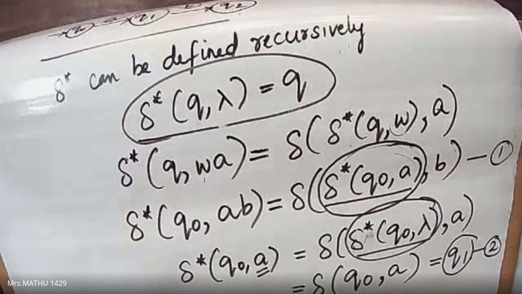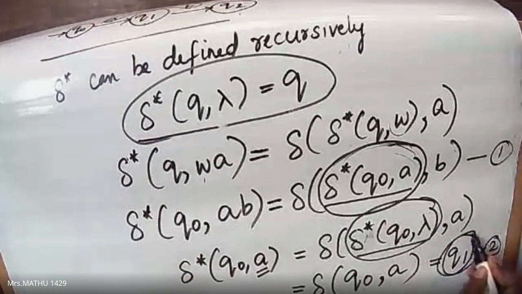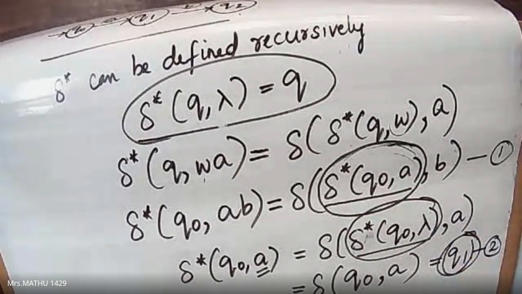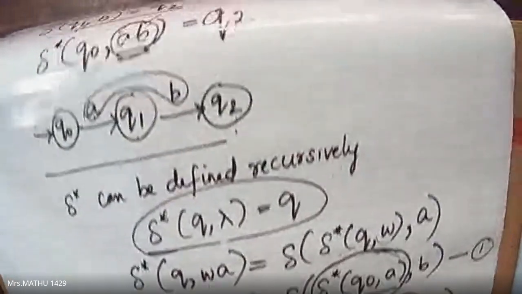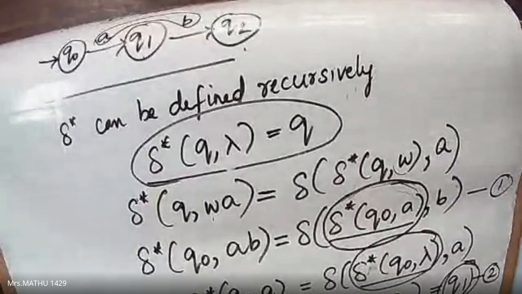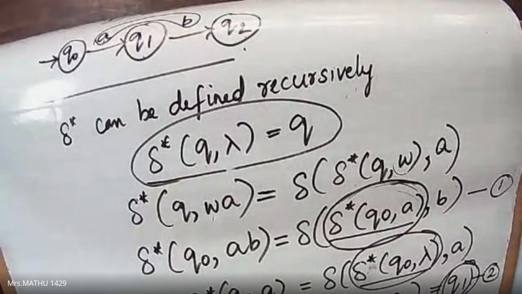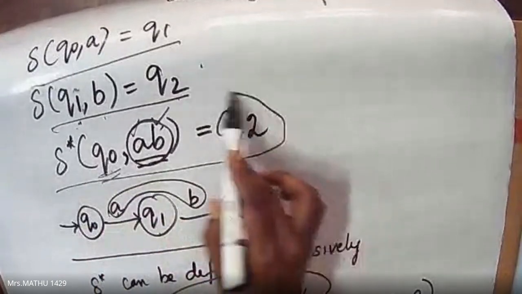Delta star of q naught comma AB is equal to delta of, the value of this we have found as q1, comma B. What is delta of q1 comma B? That is equal to q2. So delta star of q naught comma AB is equal to q2.